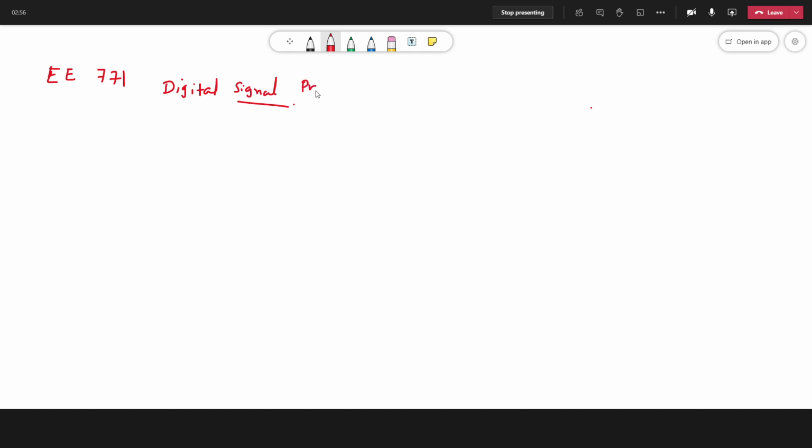So a signal is a function. A signal is a function giving some information. This function will have several parameters on which the function is dependent.